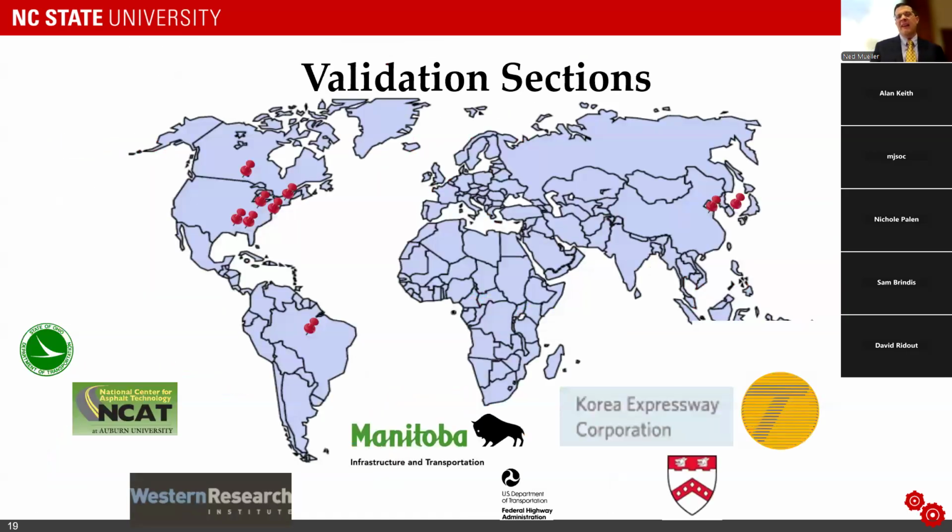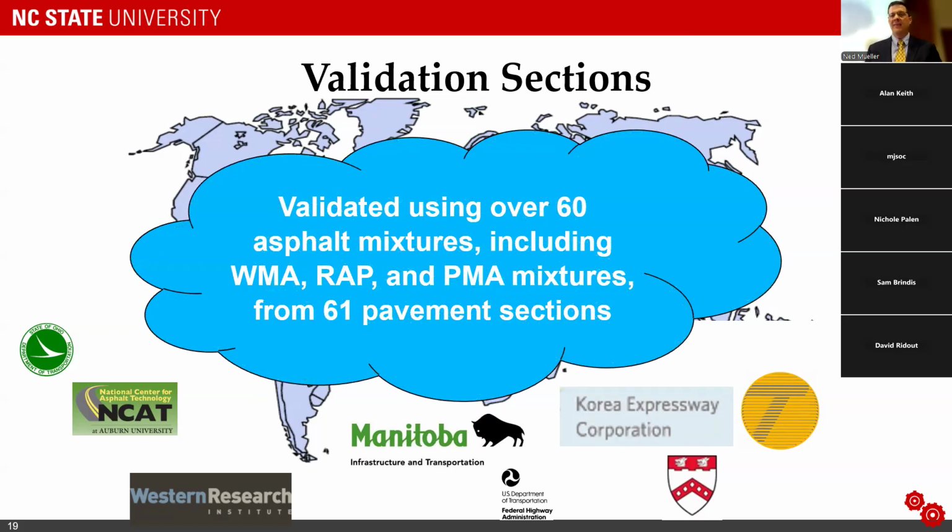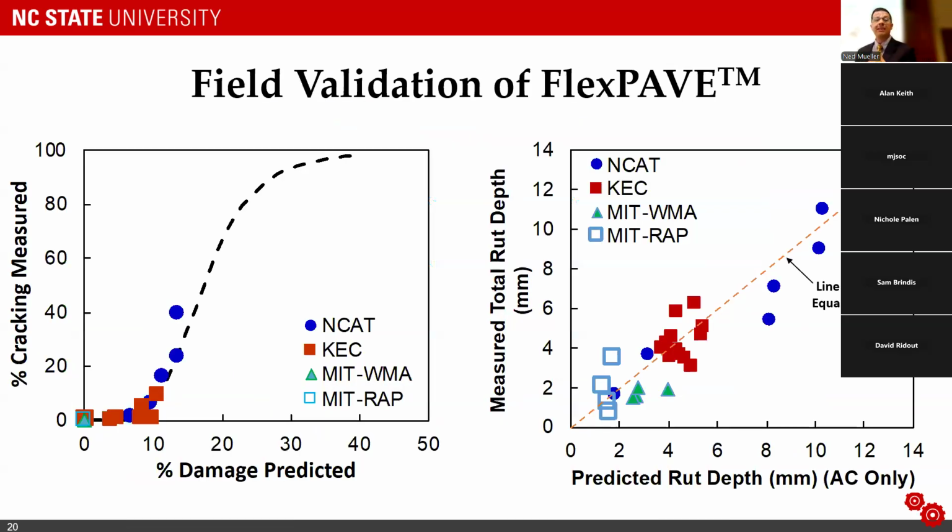Now, the tool itself has been validated pretty extensively. This is just pins for the locations where full-scale pavements have been constructed and then used to validate the model in many sites in the US, but also sites internationally as well. And this has been validated for a number of materials, and I'll show you just the correlation that we see that we can actually do this to predict.